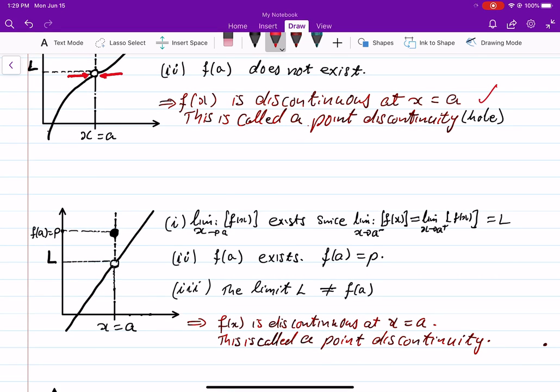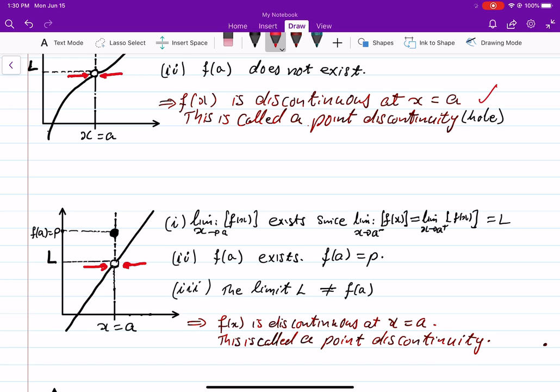The limit as x approaches a of f of x exists. Why is that? Because the function approaches the same value from both sides as x is approaching a. Look, as you can clearly see, as x is approaching a from the left, y is approaching L, even though you never quite get to L. And as x is approaching a from the right, the function also approaches the same value L, even though it never gets to that value L. So the limit exists once the function approaches the same value from both sides.